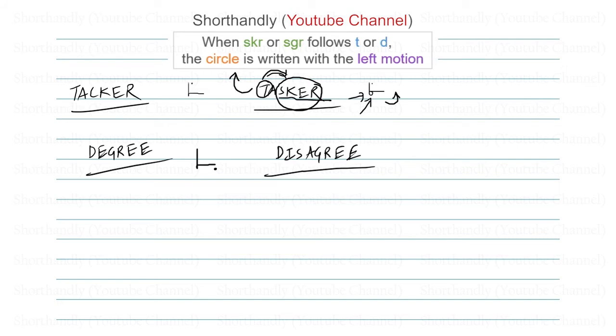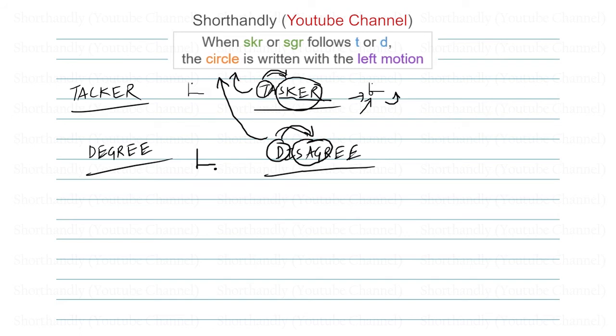Now here we have this sgr this time that is coming after the d consonant. Right, so this word also applies with this condition because we have sgr coming after the d consonant. So here also we will be making the circle with the left motion.